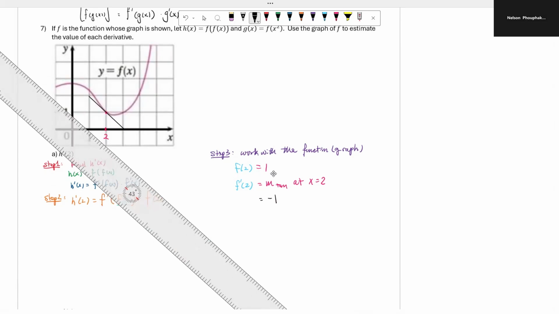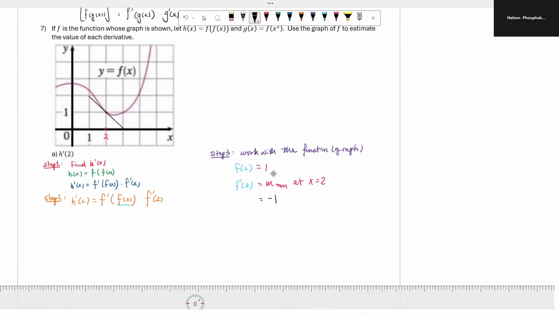And now we could go back to the problem. In this case, I can work with step 4. h prime of 2 is equal to f prime of f of 2, which is 1, and f prime of 2 is -1. Now, right now, we can go to step 5.